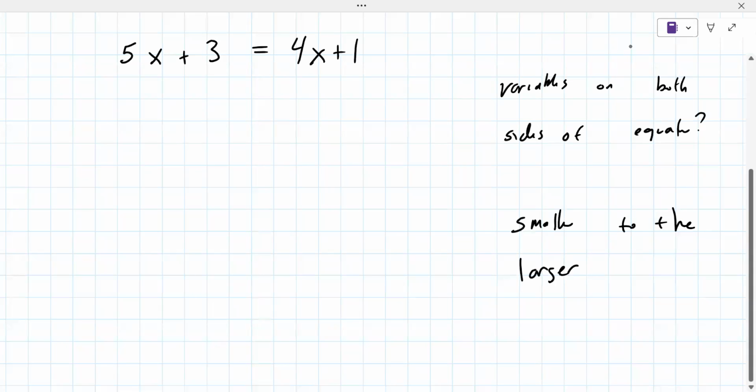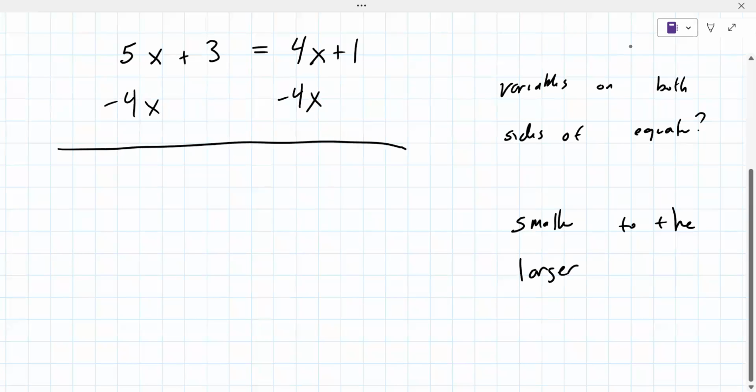So which is smaller, 5x or 4x? 4x. So you're going to subtract 4x from both sides. Okay. And so now what is 5x minus 4x?